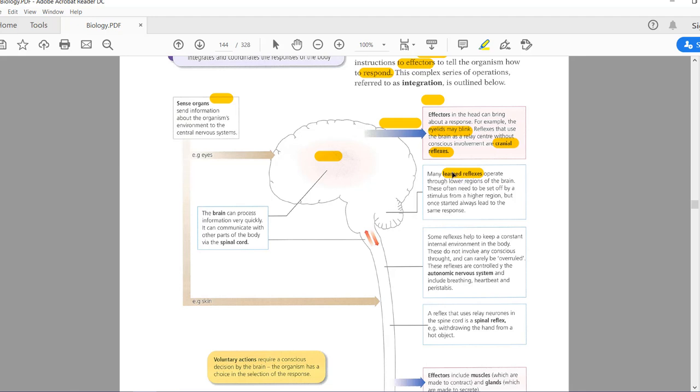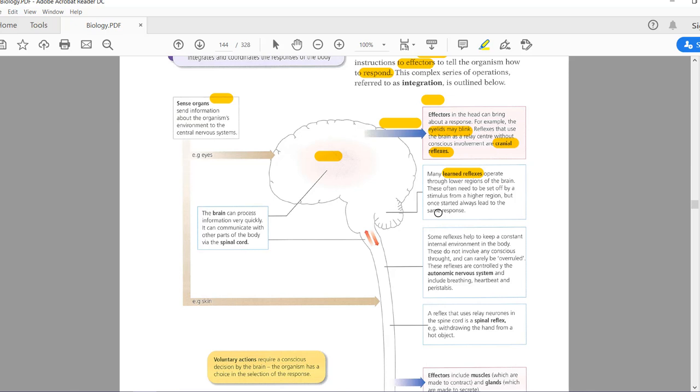Learned, from the name learned, it means you will do it once and then it will keep repeating by itself. How? Let's take an example. You are riding a bike. If you want to ride the bike or to move the bike, firstly, an order comes from your brain to your leg muscles to move the bike pedals.